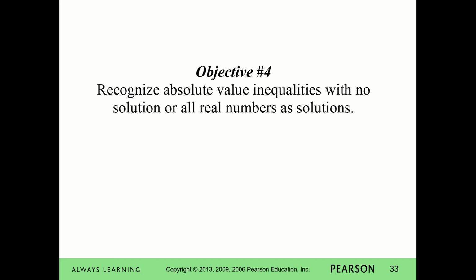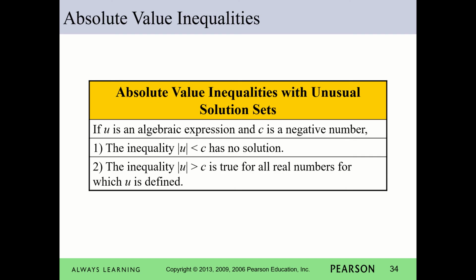So let's look at some absolute value inequalities with no solution, or sometimes where we have all solutions. If you ever see this, you don't have to do any work. If you see the absolute value is less than c, but c is negative, like the absolute value is less than negative 4, that never has a solution.